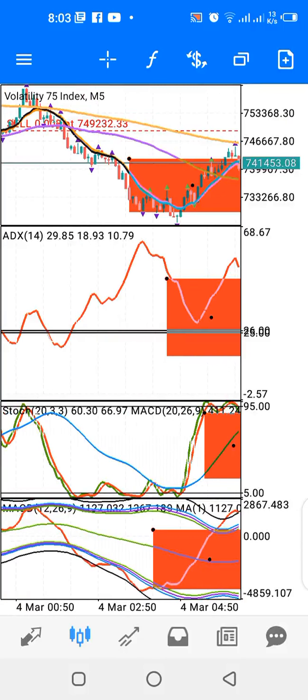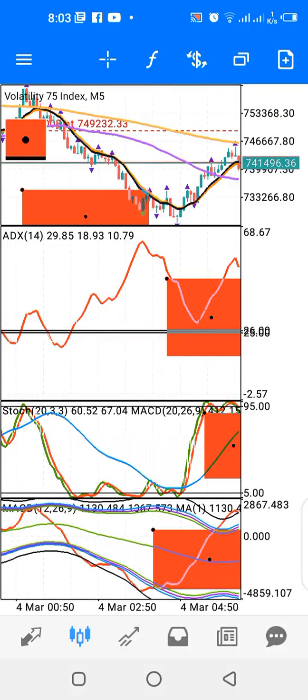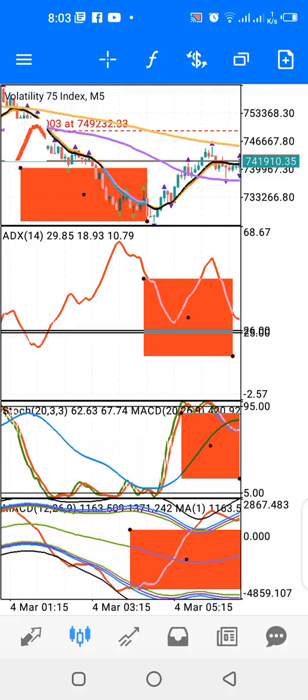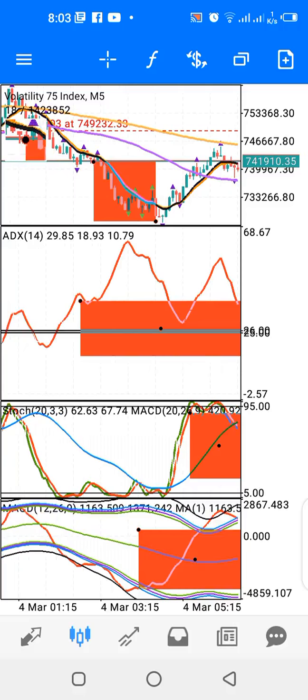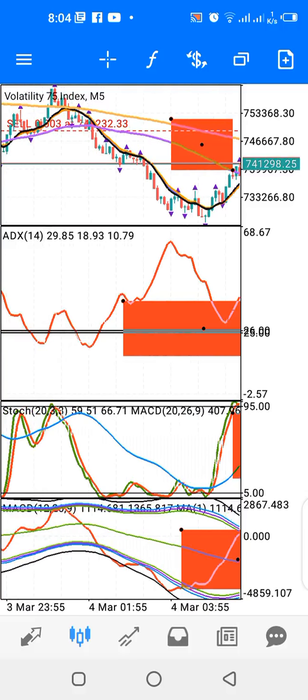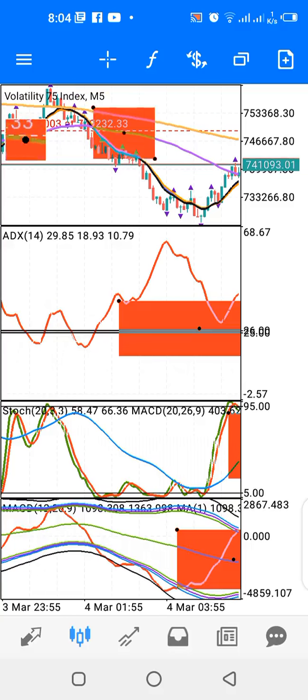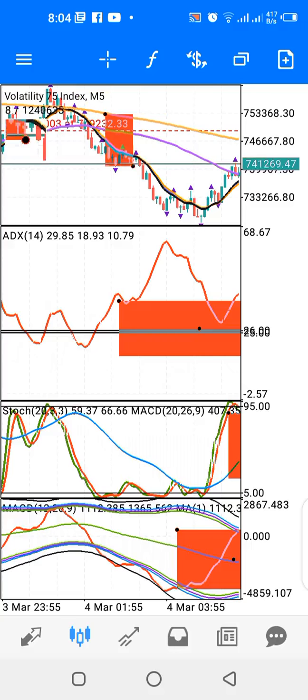So if we go to the main chart, we can see that I'm selling here. A sell position is placed when price crosses down below all moving averages.